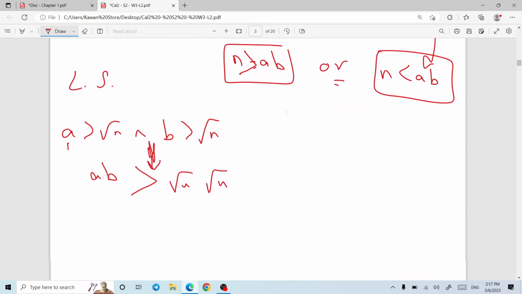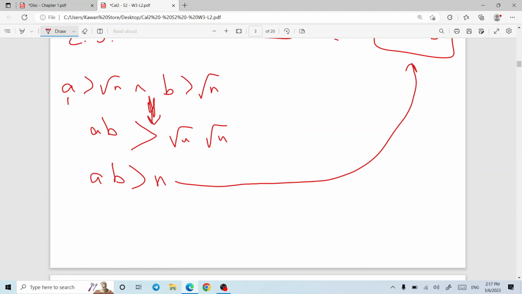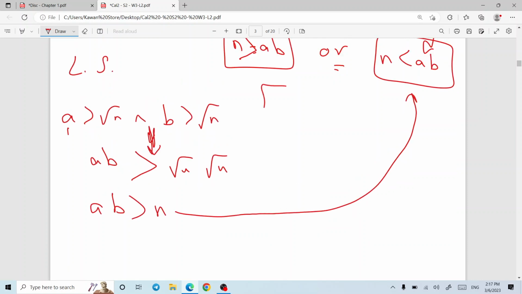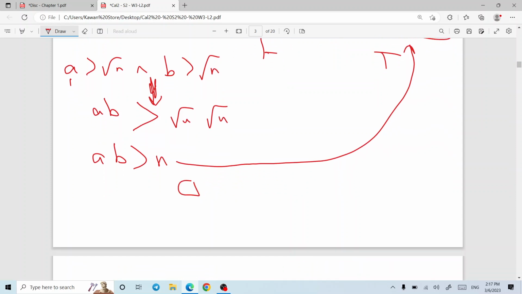Good. Which means that AB is greater than N. Did I get one of them? Yes. So it means that I got the result. If that one is false but that one is true, I will get true. The important thing is N is not equal to AB, even if greater or less. So I got the result in 2-3 steps.